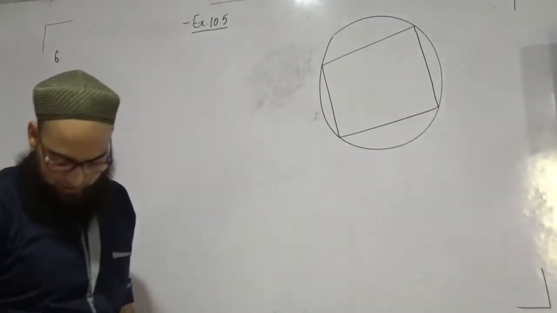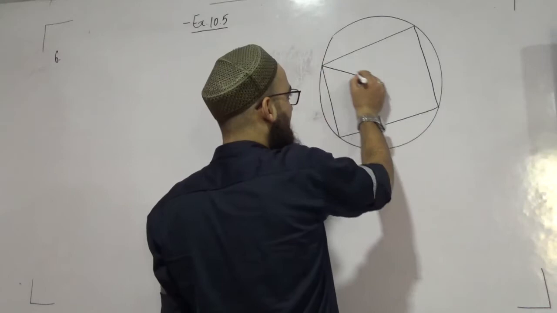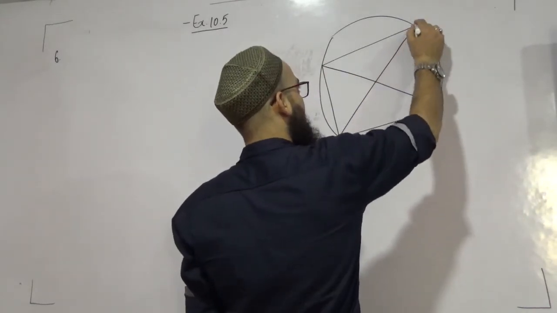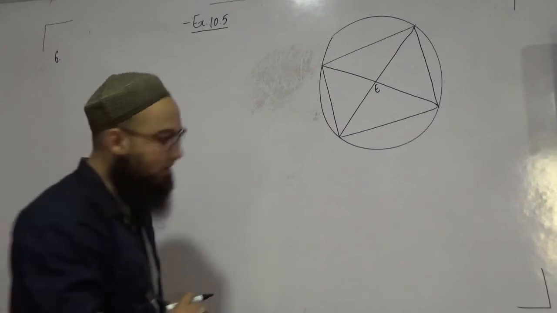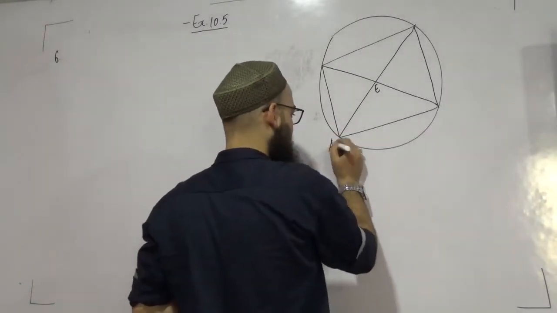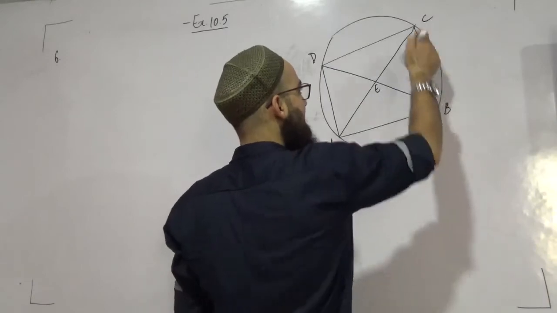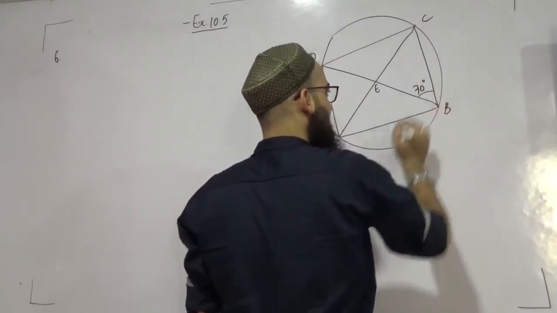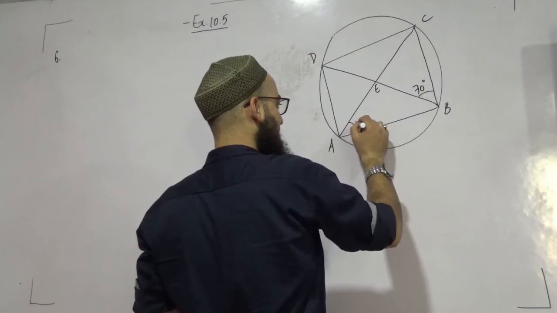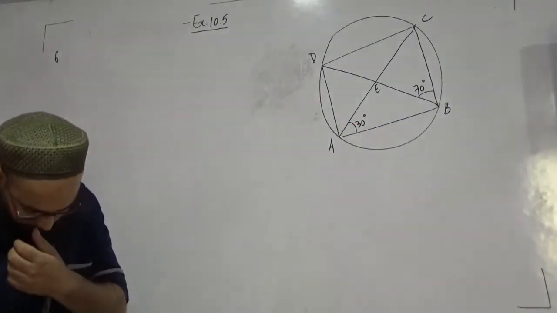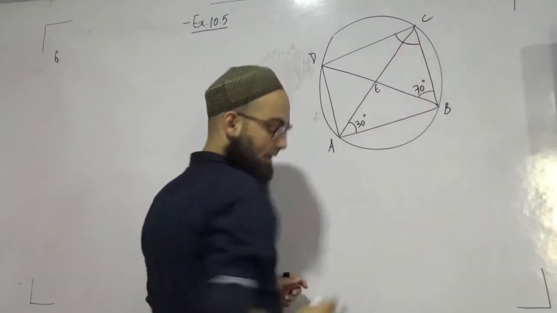Let us suppose this is a cyclic quadrilateral whose diagonals intersect at point E. If angle DBC is 70 degrees and BAC is 30 degrees, find angle BCD, you need to find this whole angle.